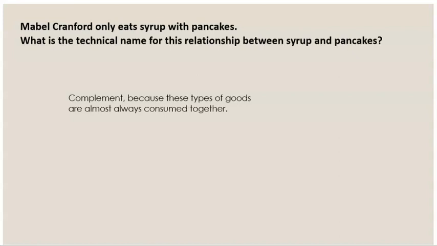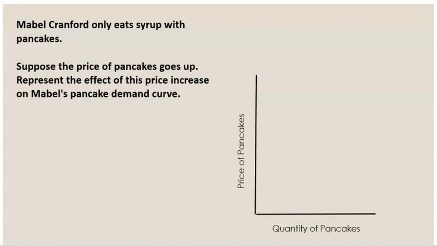So first, let's just suppose the price of pancakes goes up. Let's take a look at what happens to the demand curve for pancakes if the price goes up. So take a moment and see if you can figure this out.